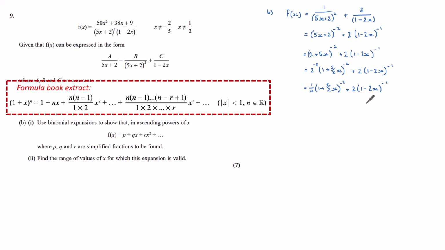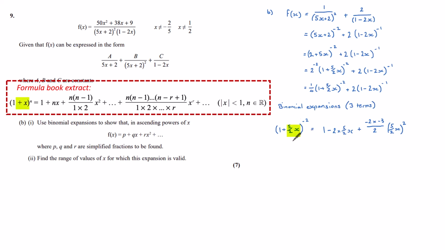So I have two binomial expansions here, which I need to complete. And within these binomial expansions, I want to find 3 terms. 1, 2, 3. So I want to go up to the x squared term. Starting then with my (1 plus 5 over 2 x) to the minus 2.